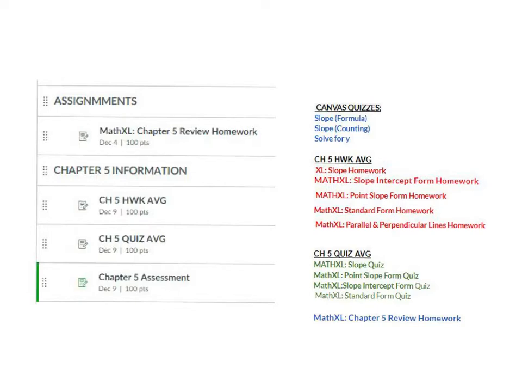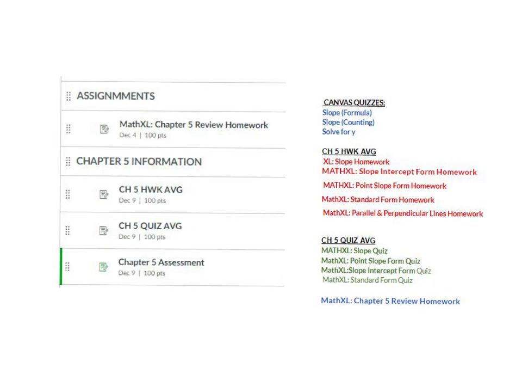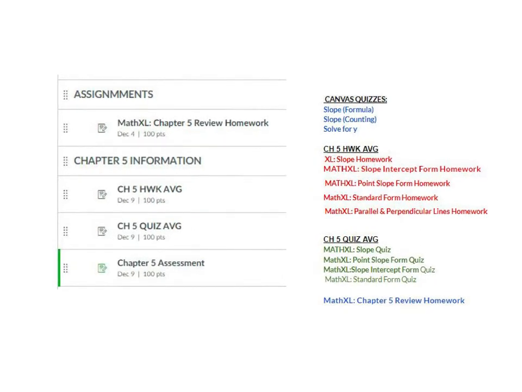The next part of our module is assignments. And if we look at the assignments there, we have one new assignment, and that is the Chapter 5 review homework.